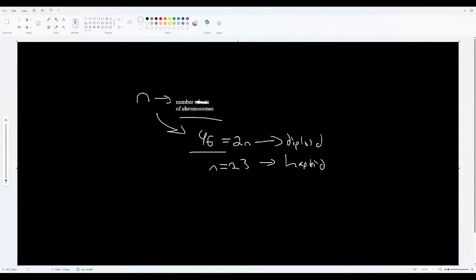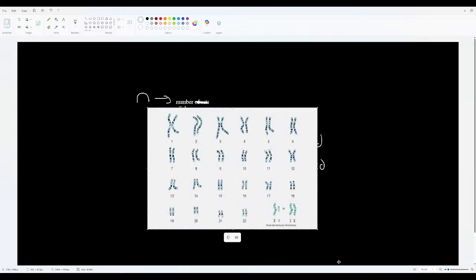So n represents the number of chromosomes. You may have seen a chromosome, let me look up a karyotype for you. So this is a karyotype, and I'm sorry if it's a really terrible image.